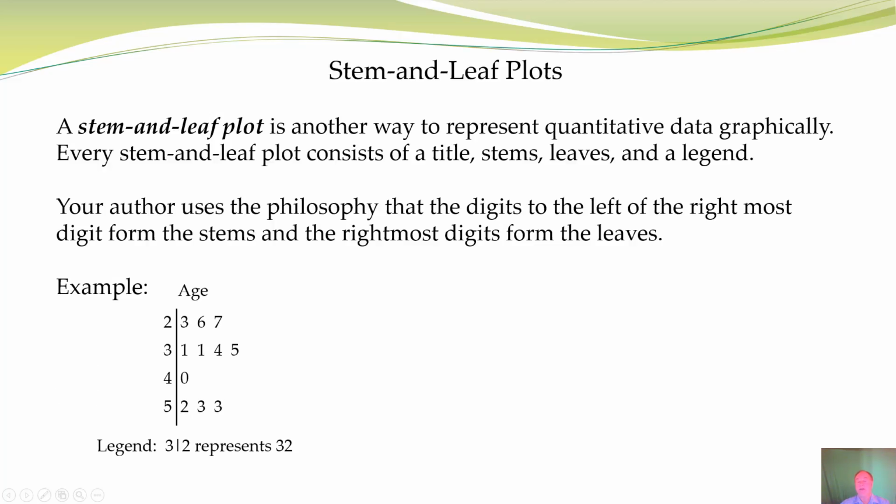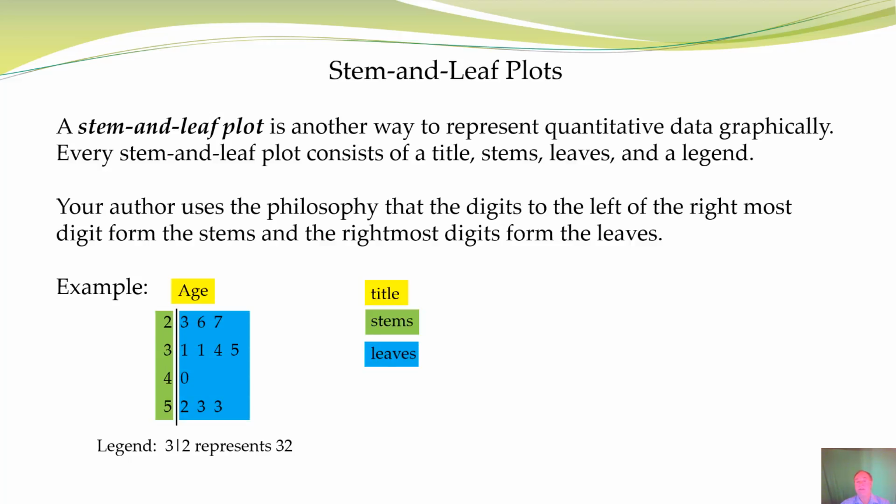So an example, if I took this example, age would be my title, 2, 3, 4, 5 would be my stems, the part in blue would be my leaves, and my legend would be at the bottom. Tells me what 3, 2 represents is 32.